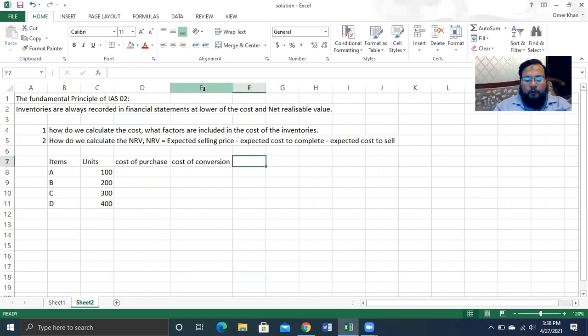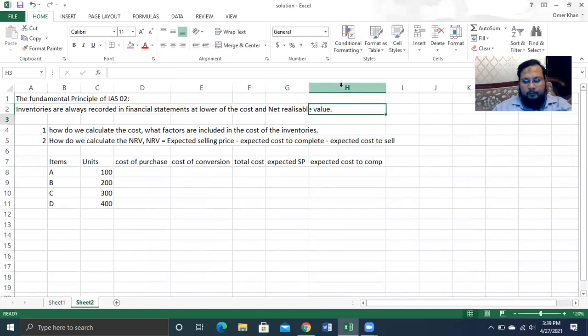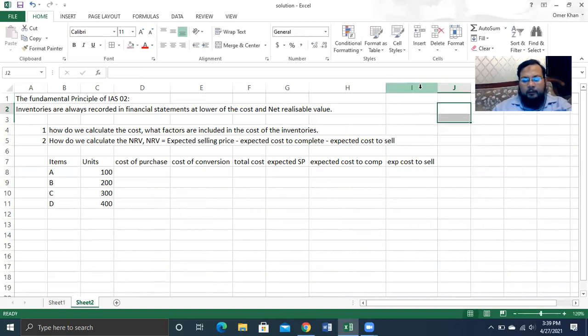So we are required to find out the total cost. The question will also provide us the expected selling price, but we need to find out the expected cost to complete, expected cost to sell, and finally we will arrive at NRV. NRV stands for net realizable value.